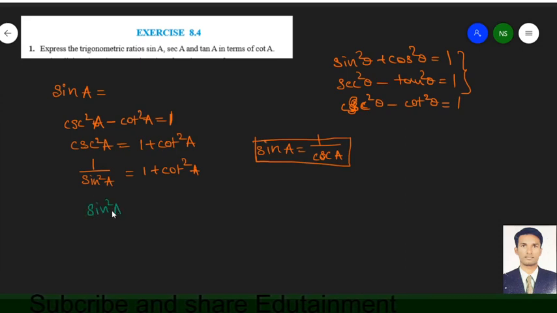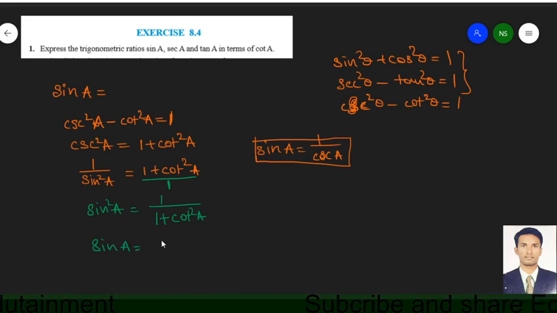Sine square A can be written as 1 by 1 plus cot square A. Here nothing is there, means there will be 1. If we flip the fractions both sides, we will get like this. But we want only sine. Send the square to another side, it will become root. So under square root 1 plus cot square A. Okay, now we represented this sine A in terms of cot A like that.